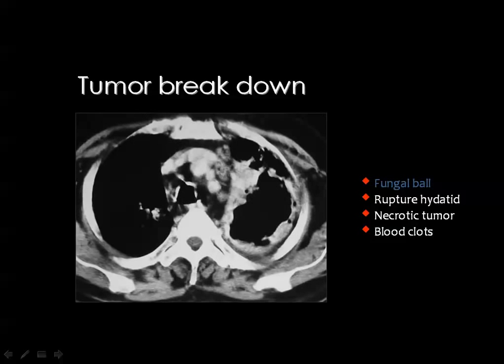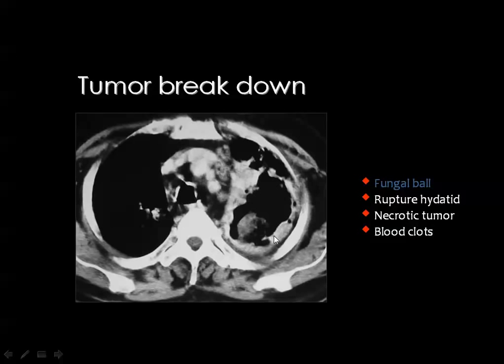So if you look carefully at this cavity and you see that it has a thick margin with an irregular inner wall, then you think of malignancy, and the diagnosis will not change if there is a ball inside the cavity, because this ball can be easily explained on the basis of shreds of the tumor before being expectorated.